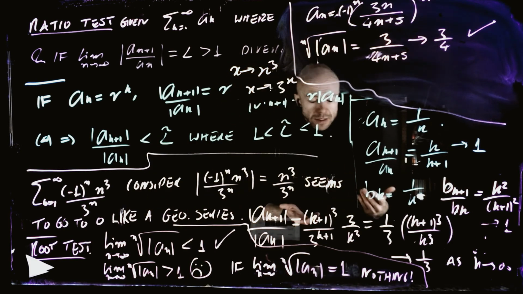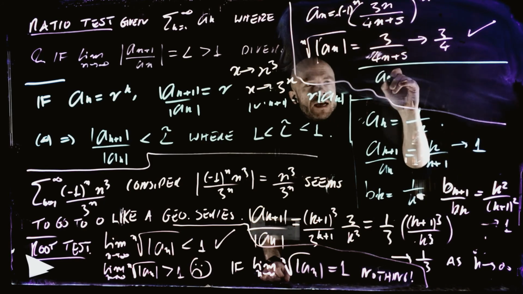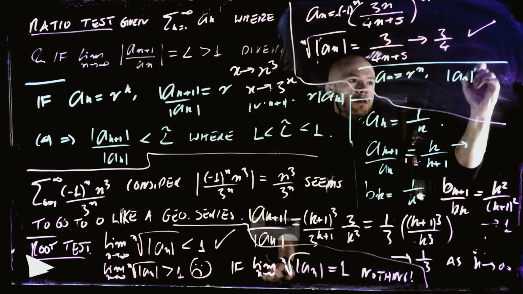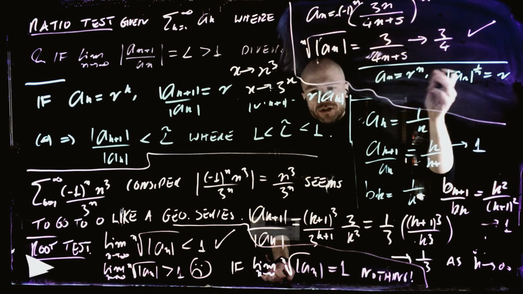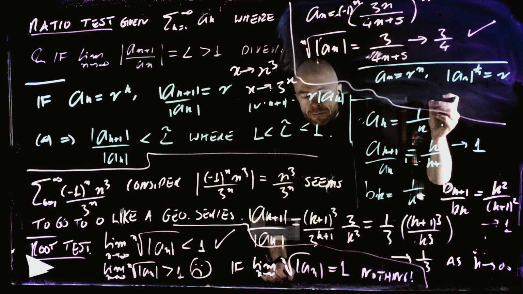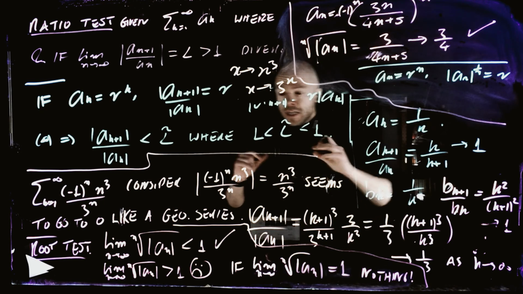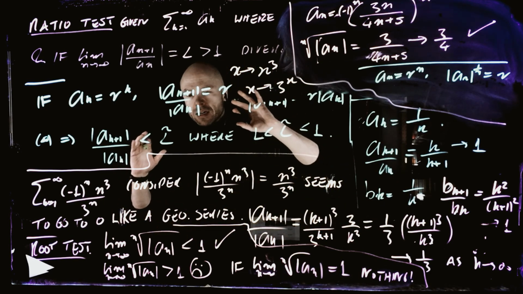And the way it works is exactly the same, right? Because the key example is if we have a_n equals r to the n, then the nth root of the absolute value of a_n is just the absolute value of r, right? So we know that this thing converges if and only if the absolute value of r is less than 1. Yeah. So what this thing is doing is trying to detect if in its bones the series is like a geometric series again, but in a slightly different way.